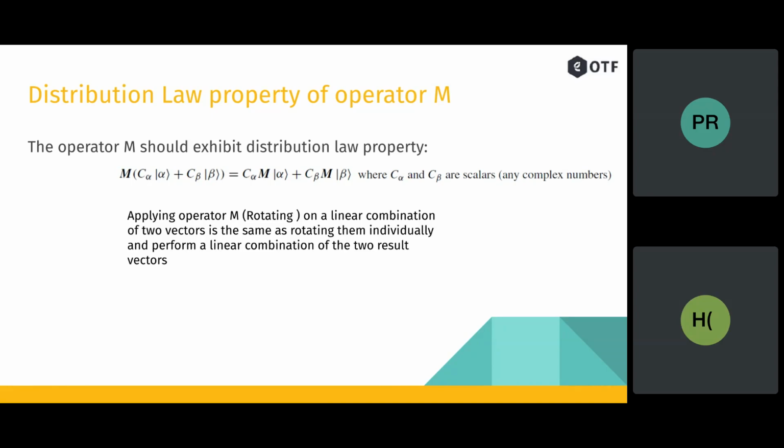Vectors remain where they are. If they move, then the ket will become a bra, so that is to be avoided. Applying a matrix M, which is an operator, on a linear combination of two vectors is the same as operating on them individually and performing the linear combination.